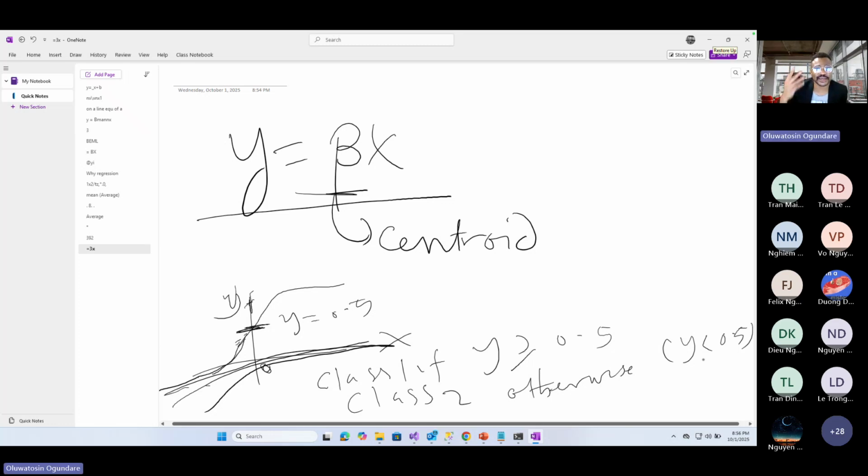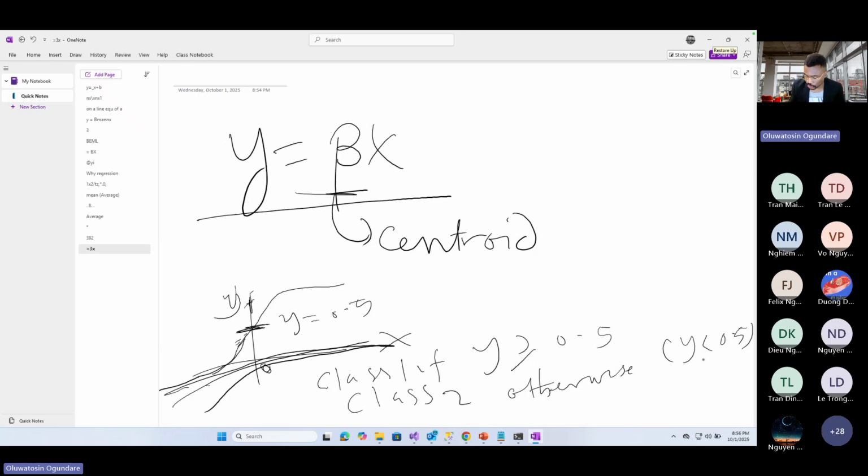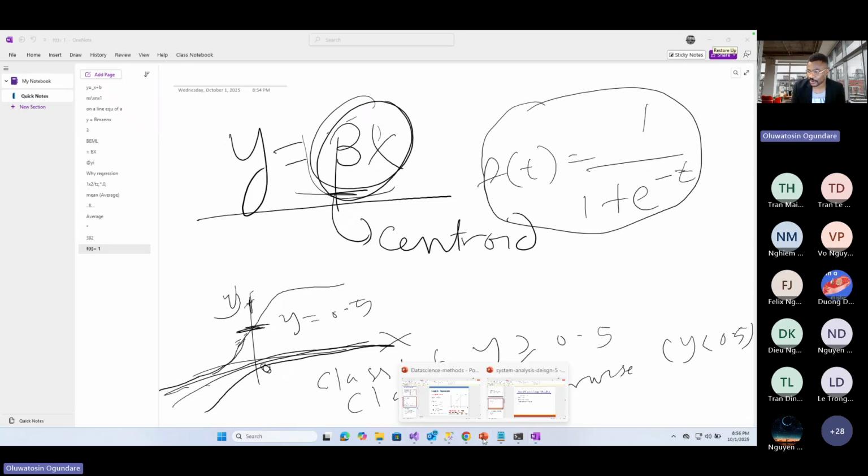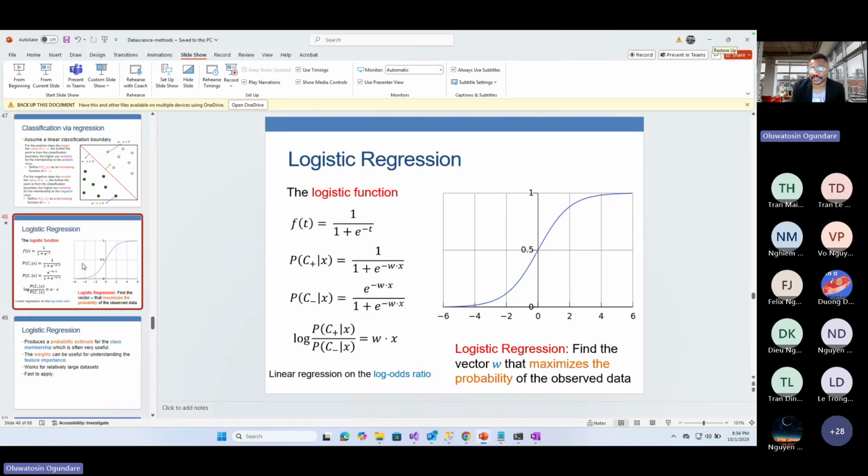So to use the linear regression idea for classification, all we have to do is take this and stuff it into the logistic function. And we know that the logistic function is f of t equals 1 over 1 plus e to the minus t. This is the standard logistic function. And if we just replace this t with our beta x, which is our y in linear regression, then we can use the logistic function as a binary classifier. So that's what this is about. It is not rocket science, and it is not magic at all.